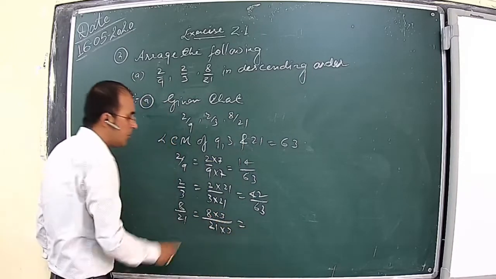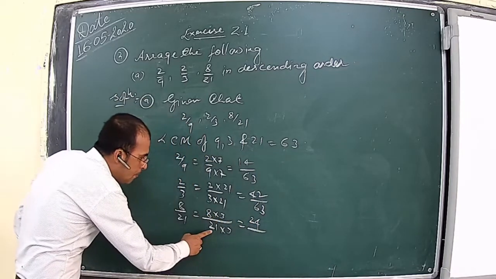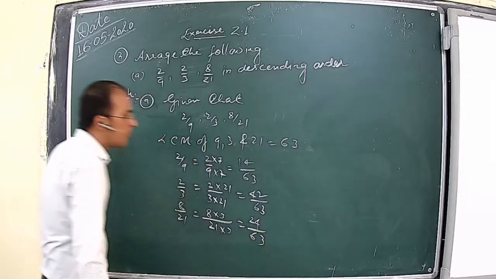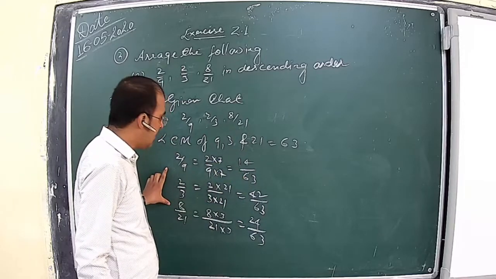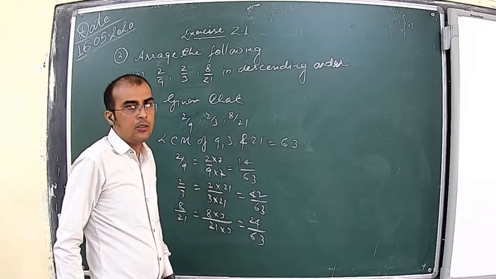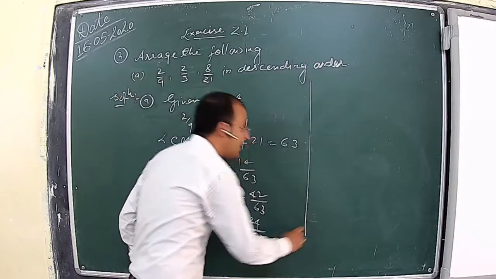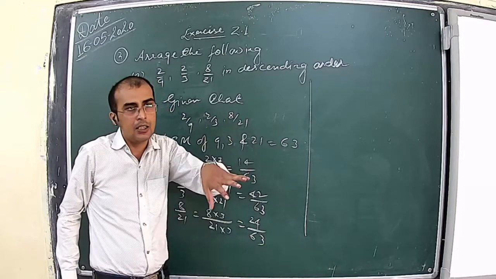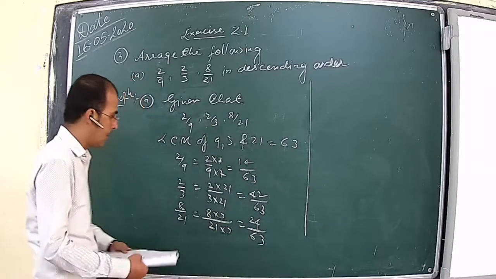Its value is 8 threes are 24 and 21 threes are 63. So you have changed these fractions into like fractions. You have to write in descending order, means first you write the greater number, then the next smaller number, and at last the smallest number.